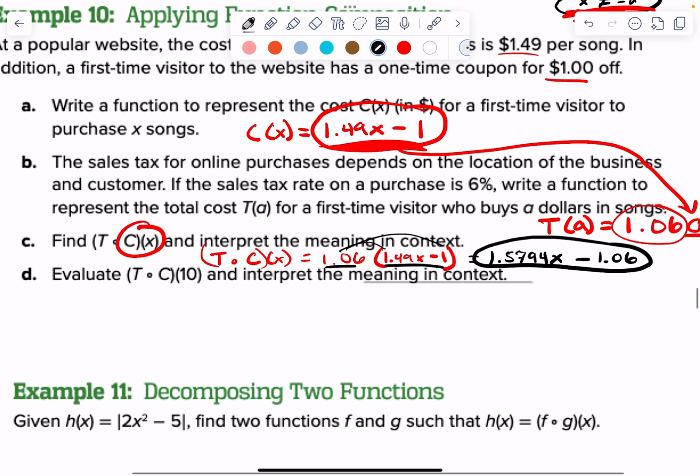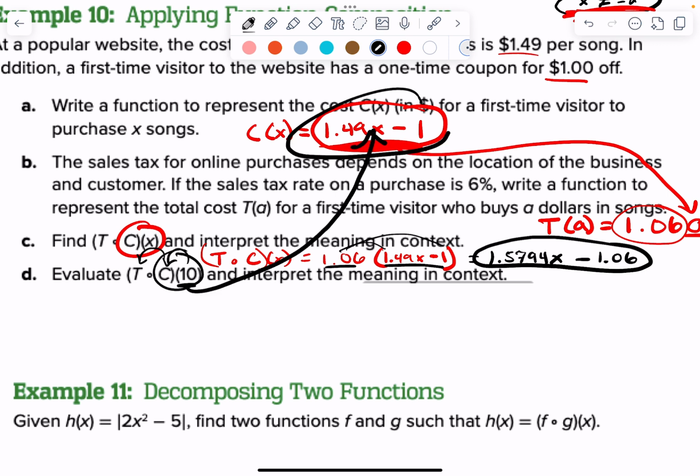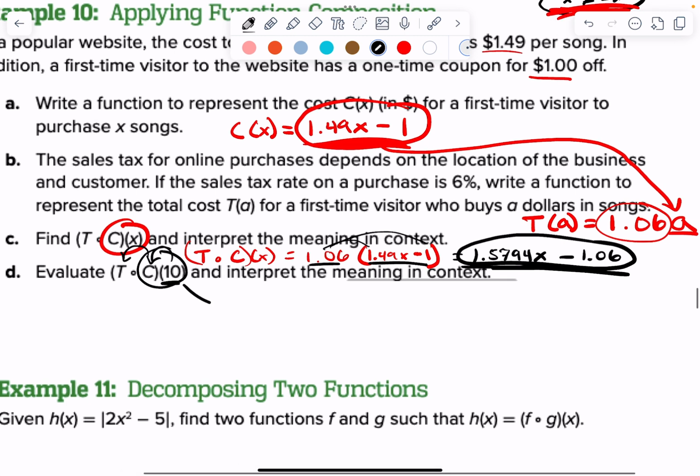And then before, when we had T composed of C of 10, I would plug 10 in for C and then plug that number in for here, right? So typically we would plug 10 in and find my cost and then take that cost and calculate the tax. But here, since I already have it written T composed of C of X, I can just get away with plugging 10 into there.